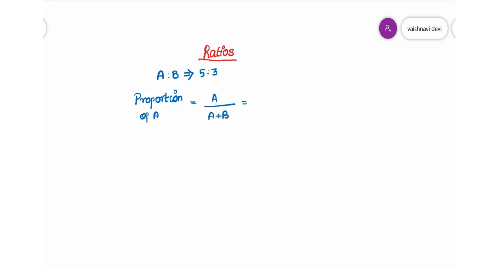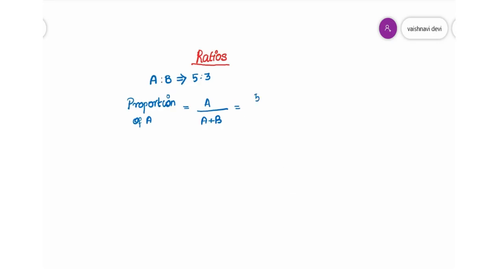That is what the proportion of A really means. That is to find A by A plus B. So A is 5 divided by 5 plus 3, like 5 by 8. So to the total of 8, the proportion of A is 5. That is the meaning here. Okay, 5 by 8 is the proportion of A in the mixture.